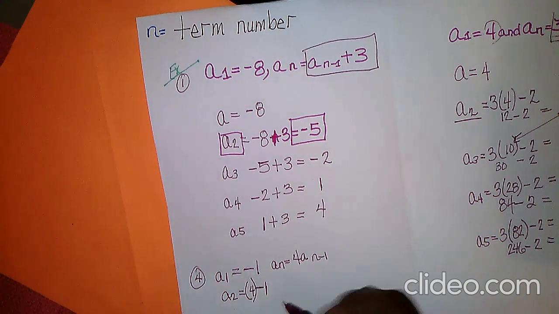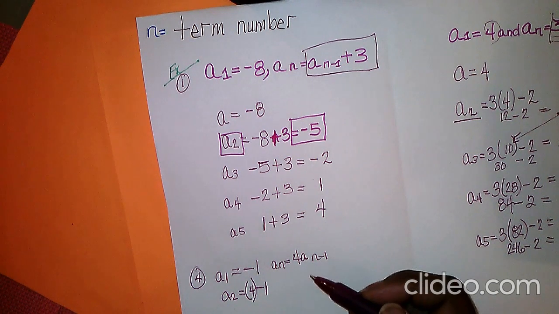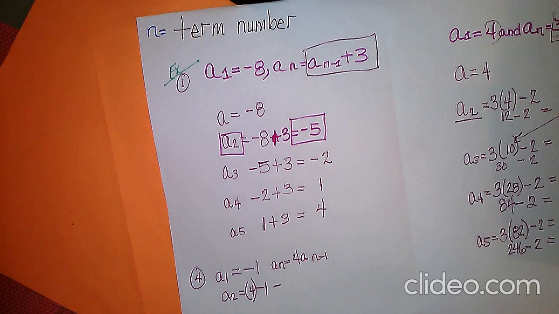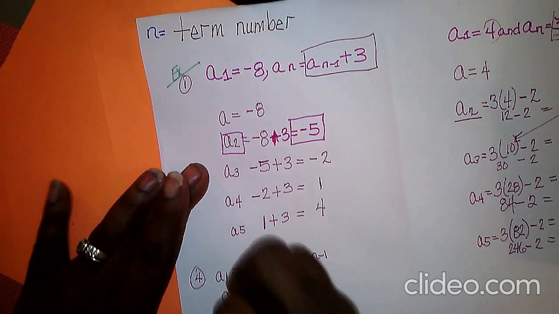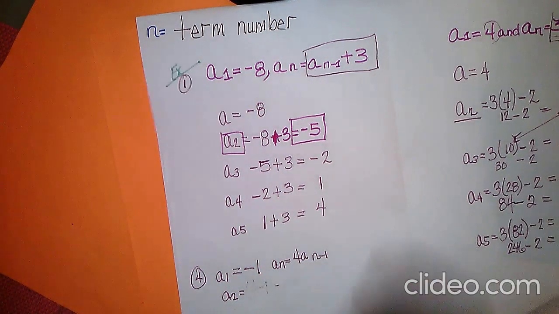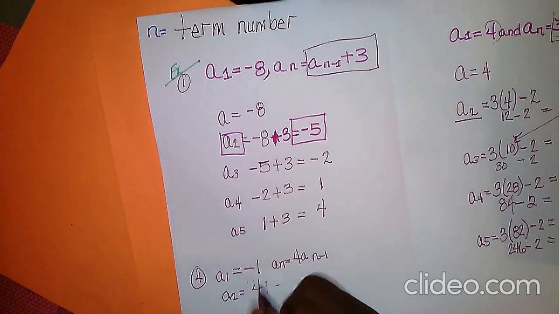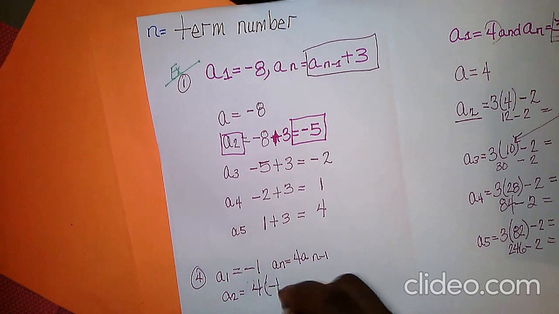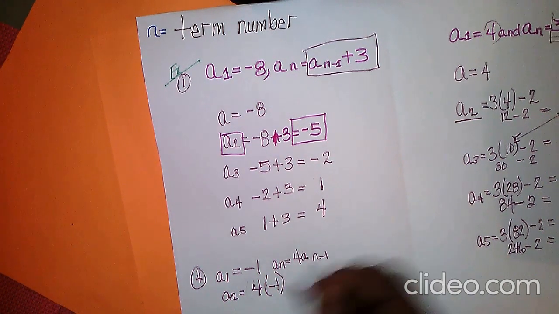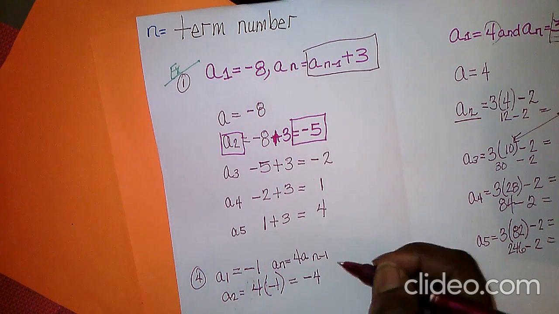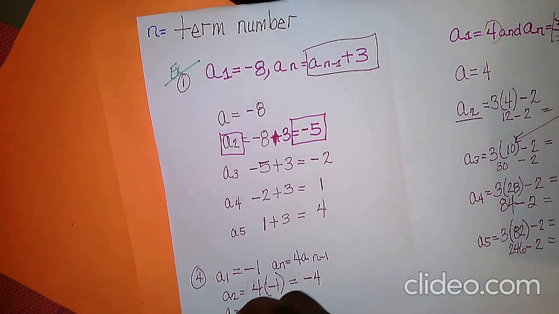So we have 4, and then we have our A1. So 4 times negative 1 is negative 4. That's our A2.